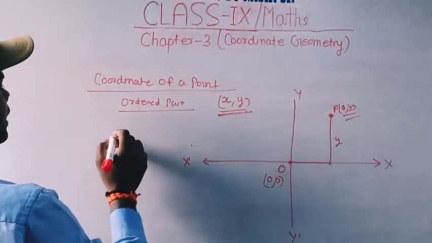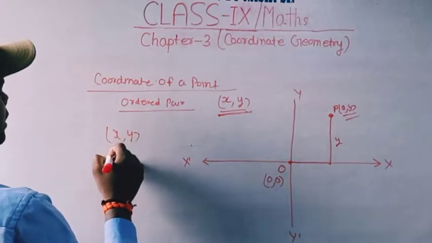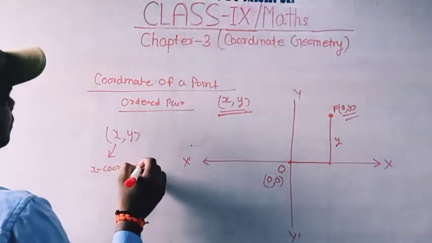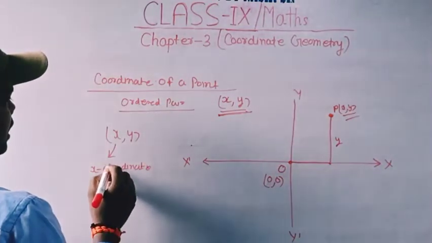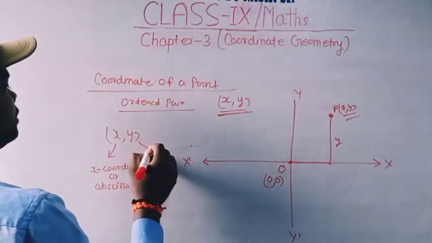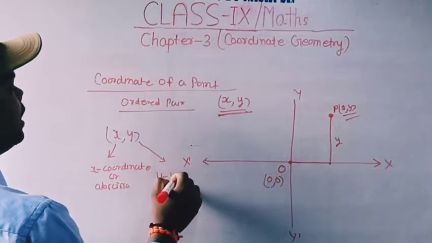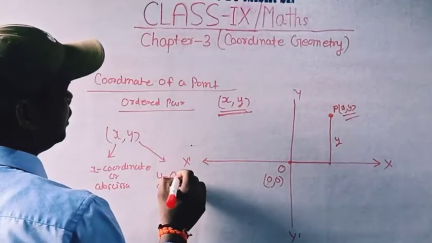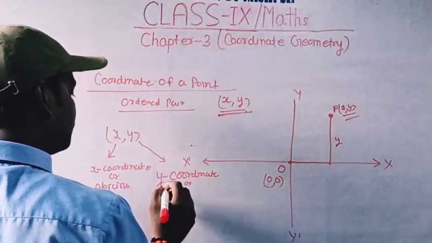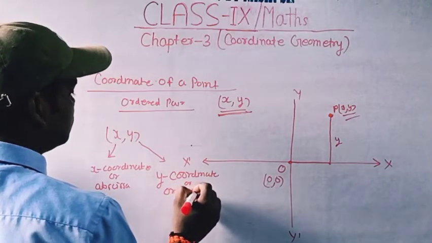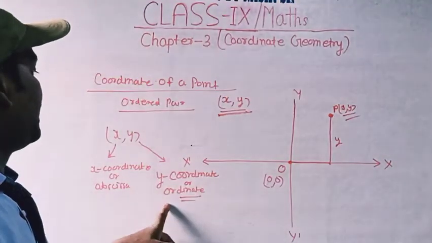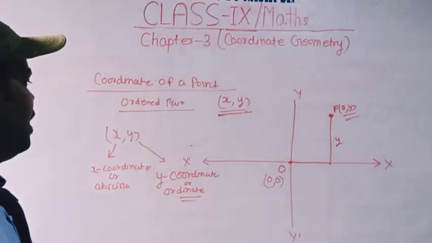So in the ordered pair (x, y), x is called the x coordinate, also called abscissa, and y is called the y coordinate, also called ordinate.